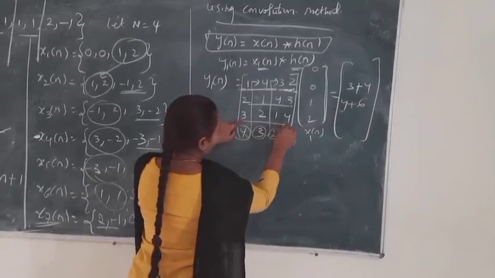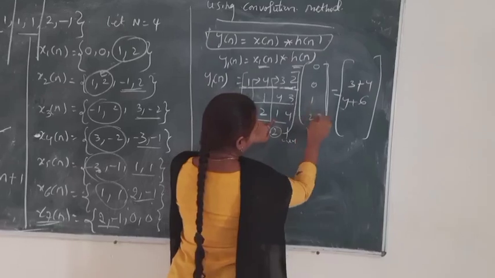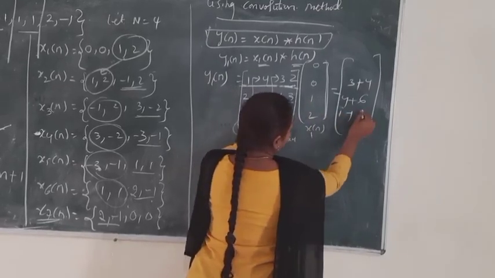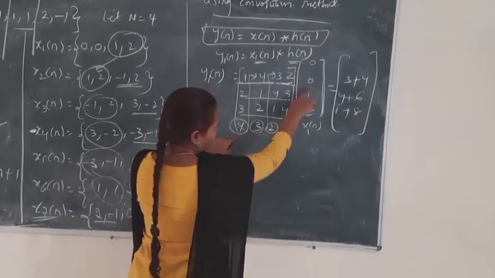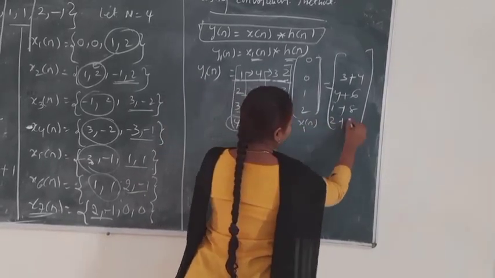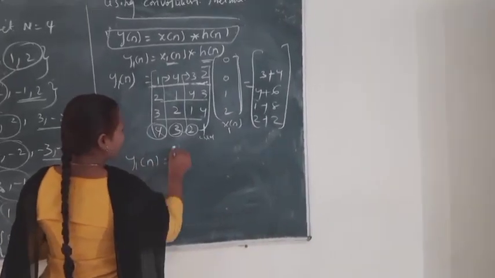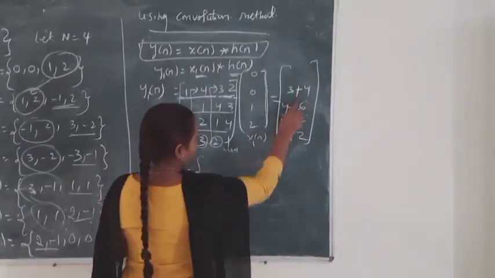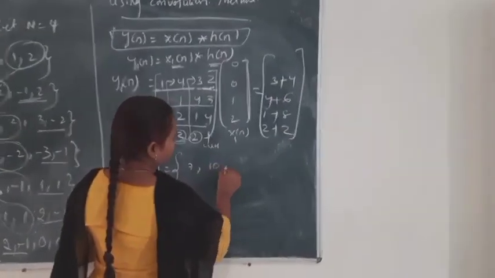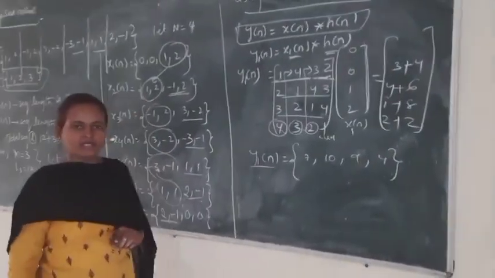Next, third row: 3 into 0, 0; 2 into 0, 0; 1 into 1, plus 4 into 2, 8. Next, last row: two zeros, 2 ones are 2, plus 1 into 2, 2. So what is the final answer? y1 of n is, in sequence representation, 7, 10, 9, 4. This is the y1 of n representation.